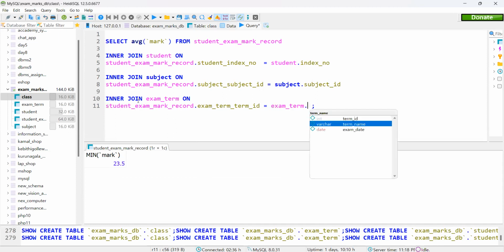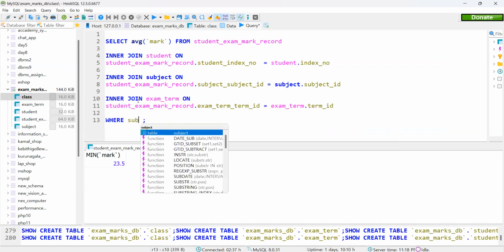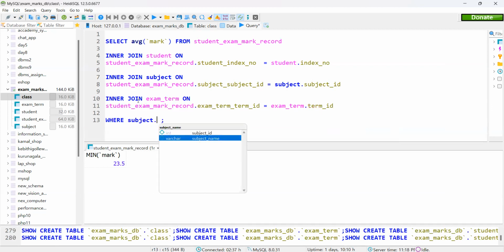Same term and term ID. Then we say where subjects. You can say all subjects in that.